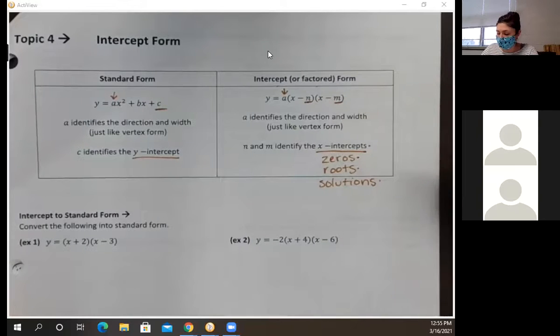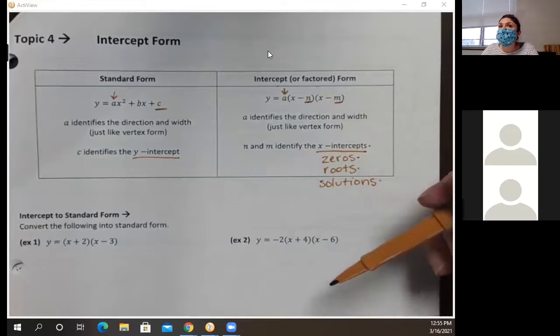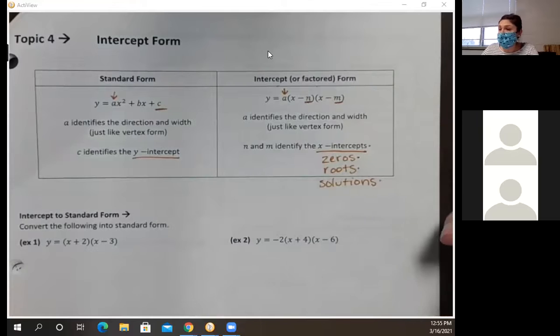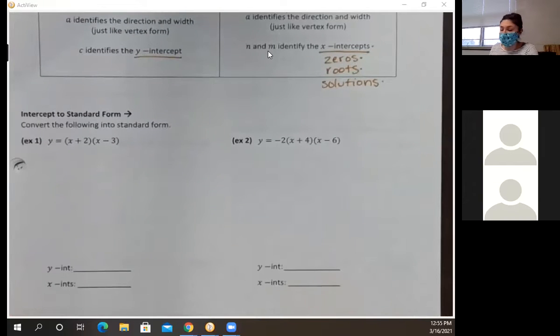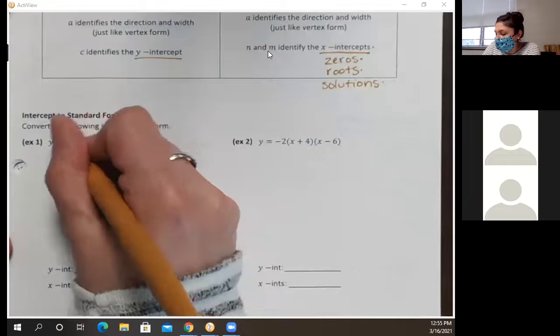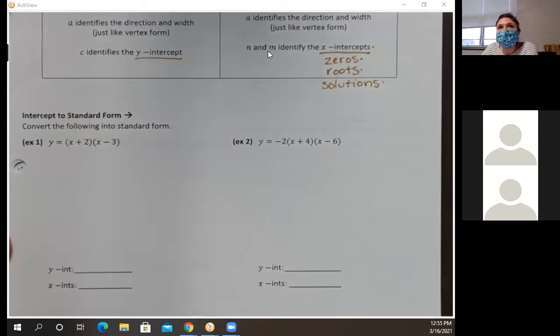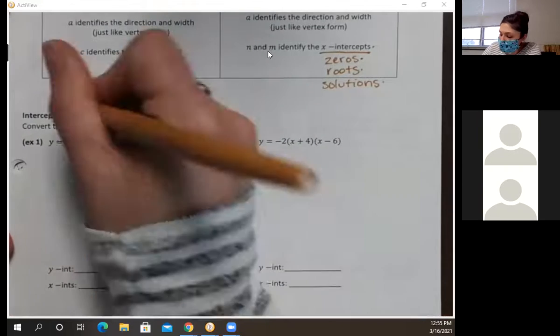So the first thing that we're going to look at today is converting from factored form back to standard form. This is going to be really similar to when we went from vertex form to standard form and we had to distribute. Same idea here. So if I look at example 1 on page 17, I've got my factored form here, my intercept form, and I'm going to distribute.